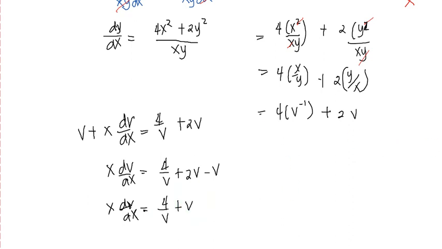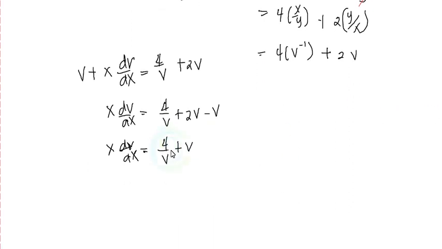Okay, so if i-simplify nato ang atong equation, we will come up with an answer: x dv over dx is 4 plus v squared all over v. So kinanglan naton mag variable separable. So that means i-cross multiply naton.